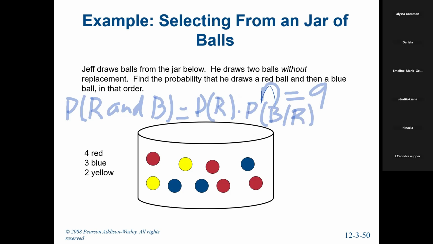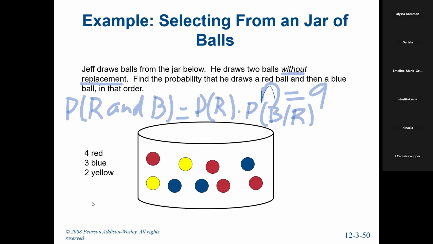Now, this is a keyword here: without replacement. So when Jeff draws the ball, he does not put the ball back in the jar. Is that clear?